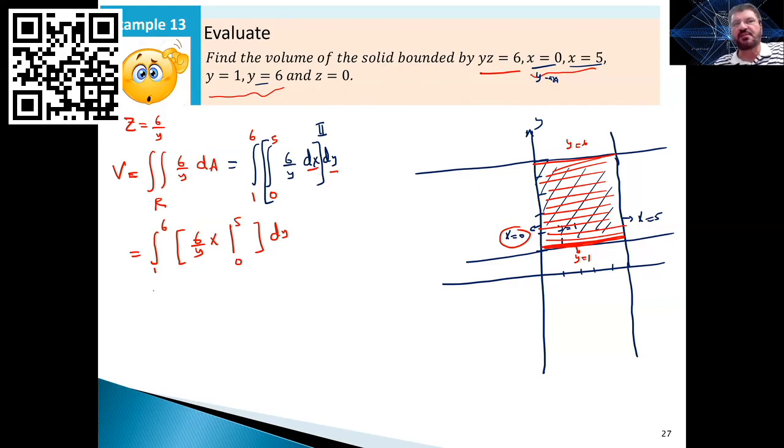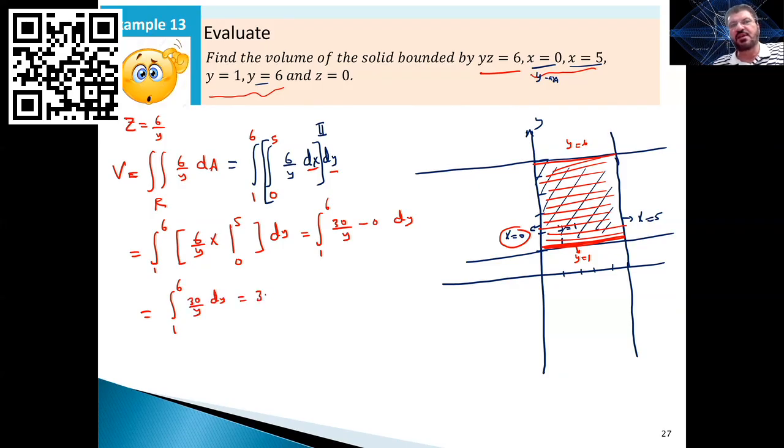Now what do we do? We plug in the 5. So this is equal to integration from 1 to 6. Put the 5 first. So it's going to be 30 over y minus, put the 0, you get 0, dy. So this is going to be the integration from 1 to 6 of 30 over y dy.